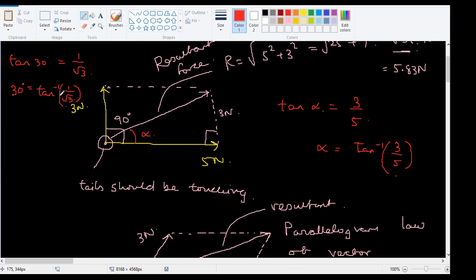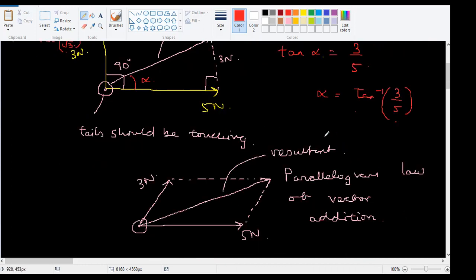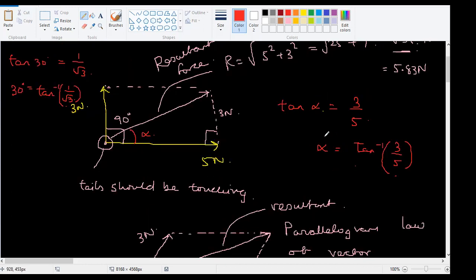So this value will come around 30 degree angle, right? Okay, so take it down. As you study in your mathematics, it will make more sense. Without studying it in maths, it's not going to make 100% sense right now.